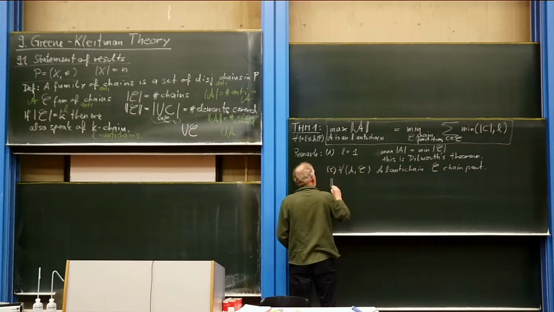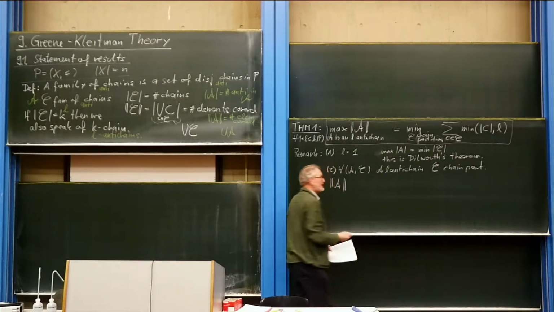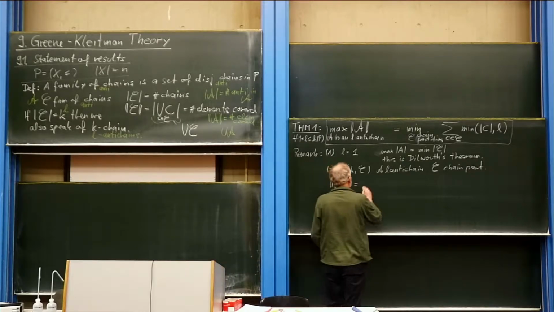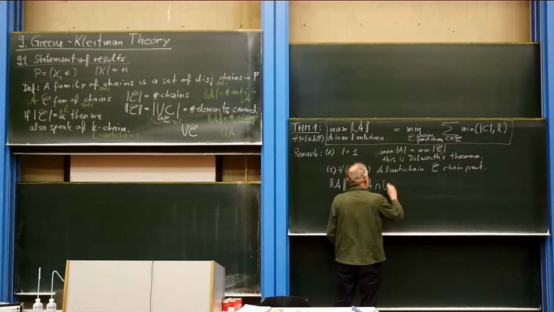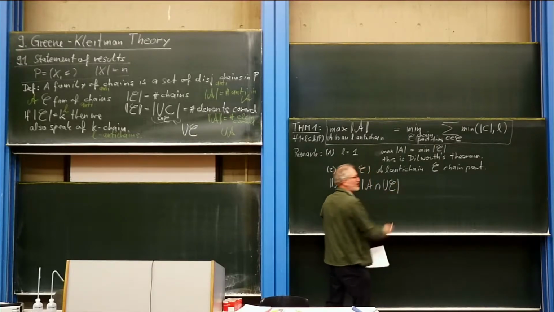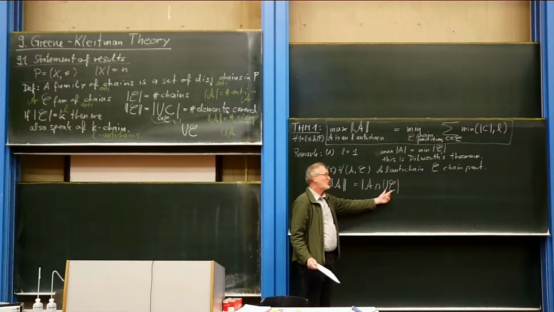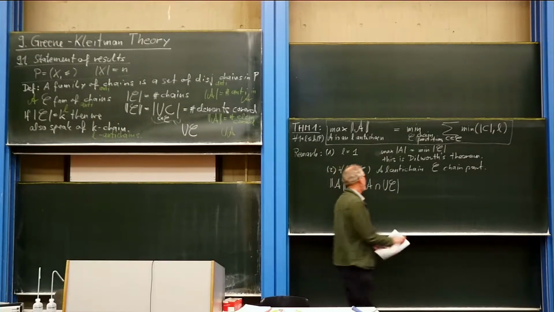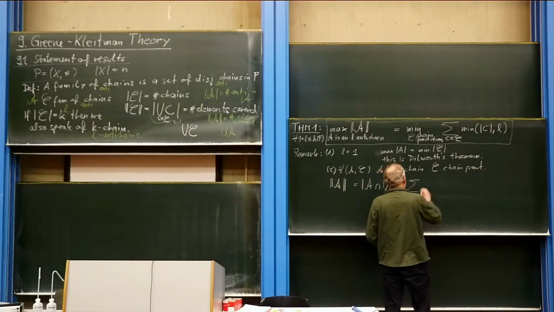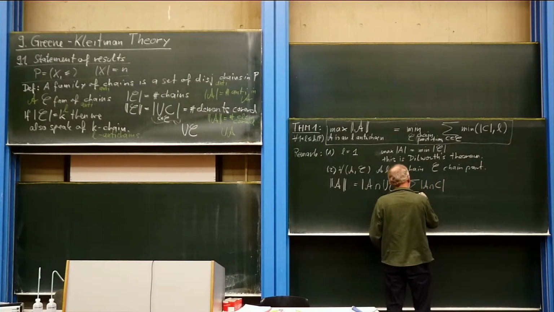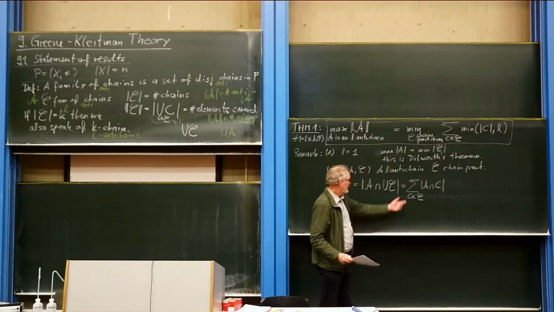We can look at the number of elements covered by A. This is equal to the size of A intersect the union of C, since this is all the elements. And now, since the chains here are disjoint, we can break this into pieces. This is the sum of the sizes of A intersect C, C going over the chain partition.